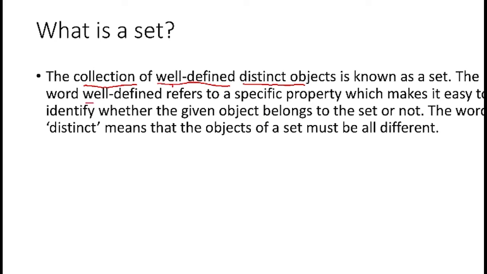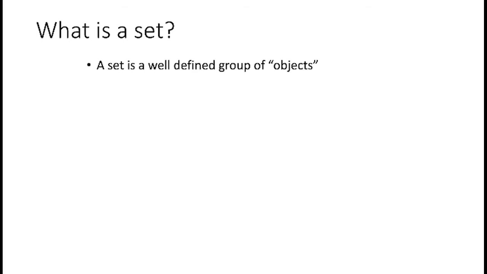Well-defined refers to the specific property which makes it easy to identify whether a given object belongs to the set or not. And as I said, distinct means the objects of a set must be different. So it must be different as well as well-defined. So a set is a well-defined group of objects.